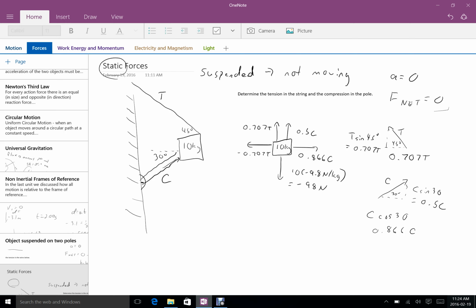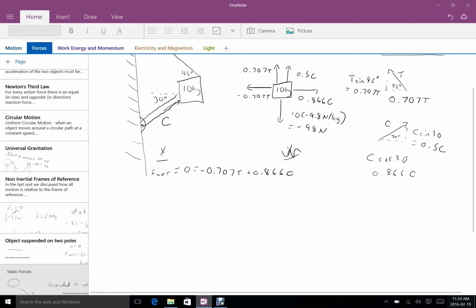If the net force is 0, it's not just 0 in total magnitude, but it needs to be 0 in the x direction and the y direction respectively. So I'm going to use the x and y to come up with my two equations here. In the x direction, the net force is equal to 0, is equal to negative 0.707 T plus 0.866 C. I'm going to run out of space there. And so what I can get from this is a ratio between my tension and my compression.